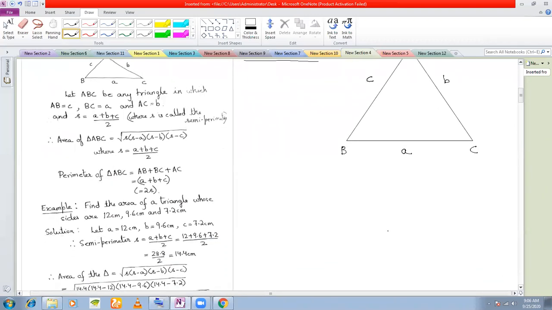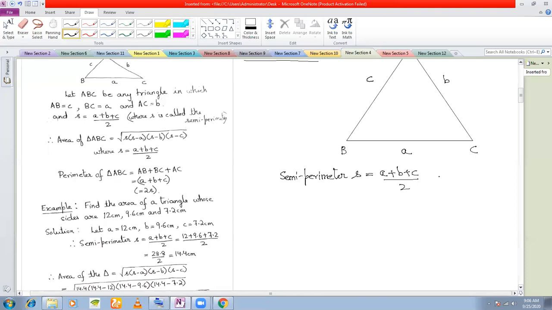If these are the lengths of the three sides of the triangle, before going to the area formula, we first define the semi-perimeter. Semi-perimeter, small s, is the sum of the sides divided by 2.